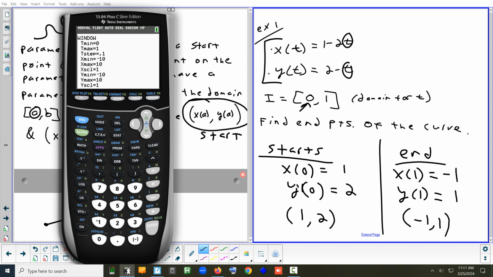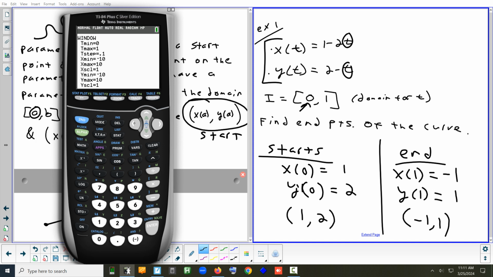It's going to plug 0 into both, 0.1, 0.2, 0.3, 0.4, 0.5, 0.6, 0.7, 0.8, 0.9, and 1. So by going in increments of 0.1, you will get 11 points on your graph. Is that good? Well, if it's a straight line, that's plenty of points. If it's a curve, depending on how big of a curve, 11 points might not be enough to see a smooth curve. You might need more.